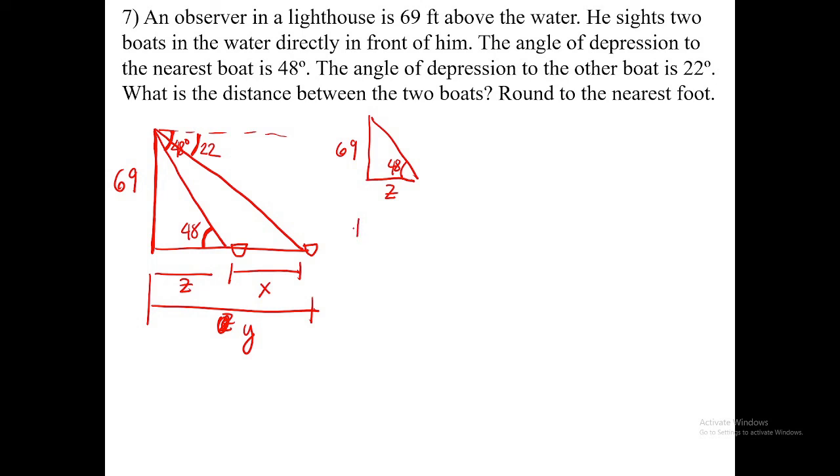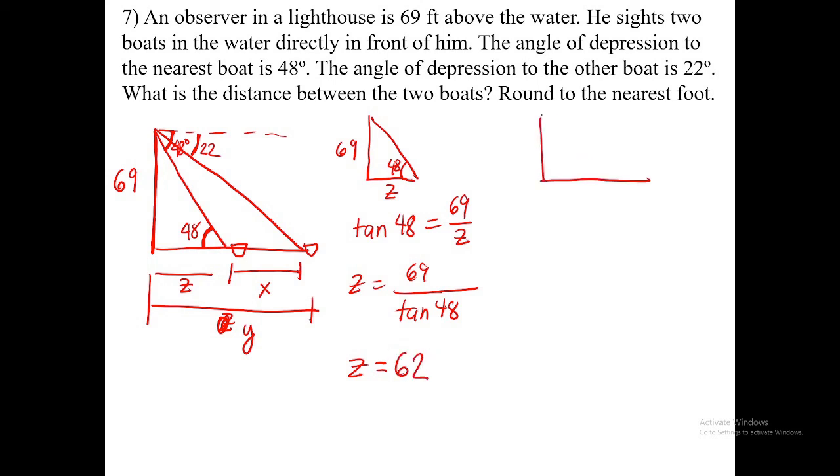Tangent gihapon, right? Tangent 48 is equal to 69 over z. Kindly solve z now, which is 69 divided by tangent 48. 62.